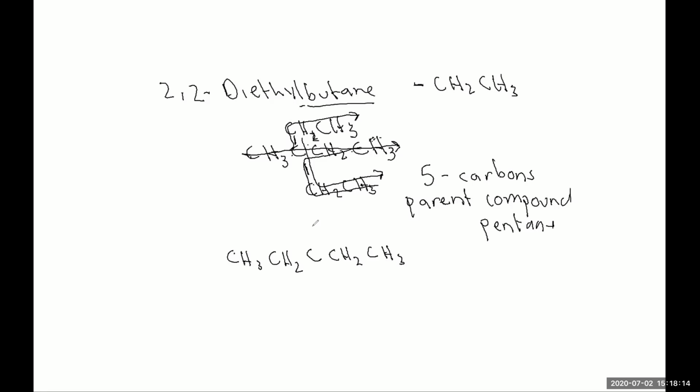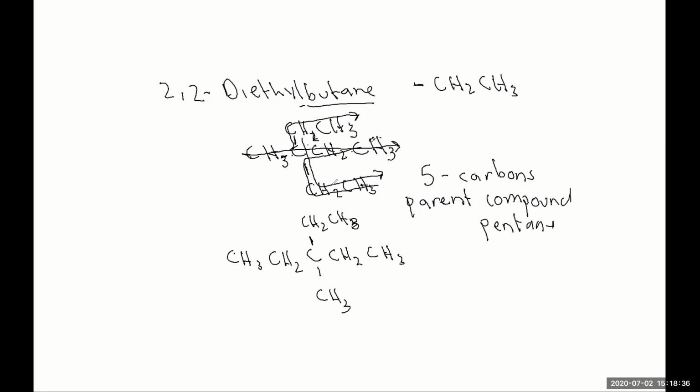So we use one, but then there's still one methyl group, one ethyl group, which we can put here. But then now there's this methyl group like this. So this is really the proper way.